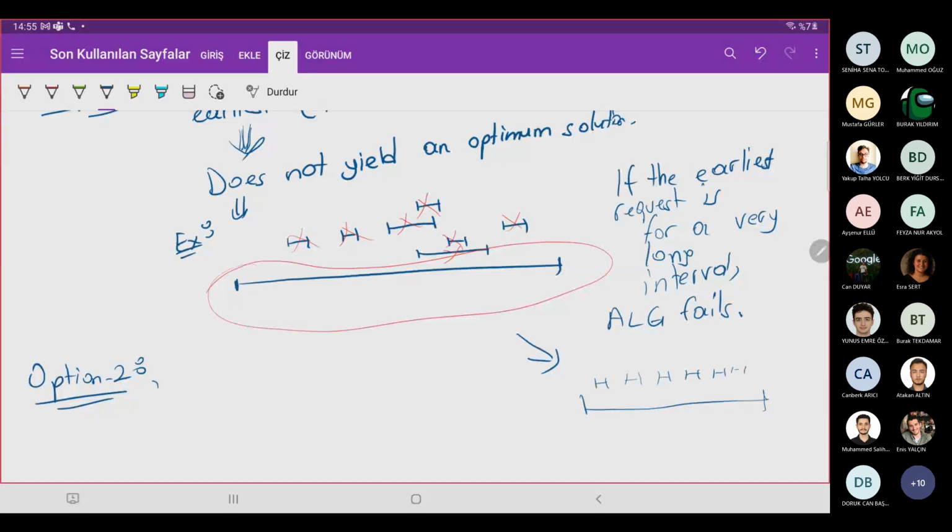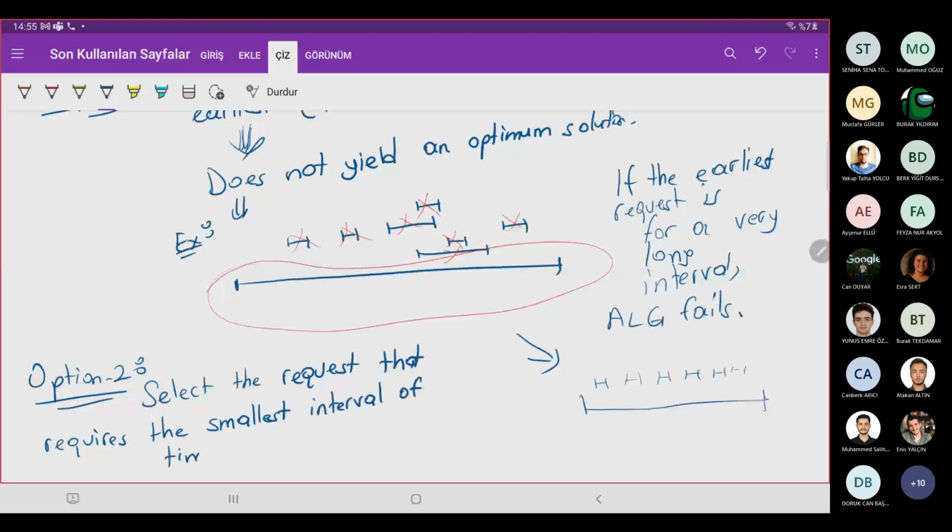So option 2 is select the request that requires the smallest interval of time. In other words, with minimum fi minus si.